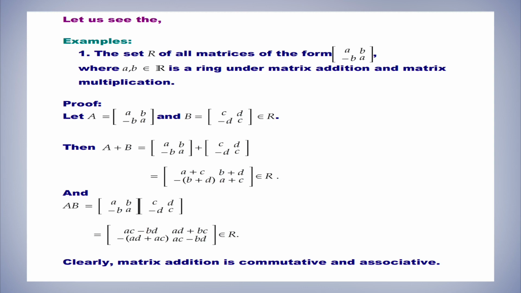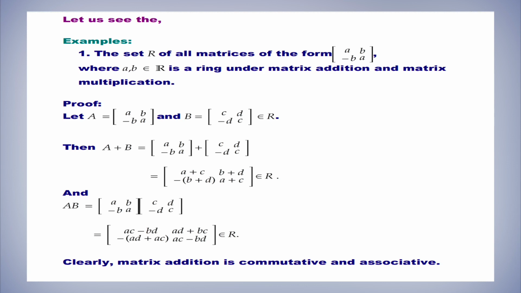Let A be the 2 by 2 matrix [a b; -b a] and B be the 2 by 2 matrix [c d; -d c] in R. Then A plus B is equal to [a+c b+d; -(b+d) a+c], which is in R.